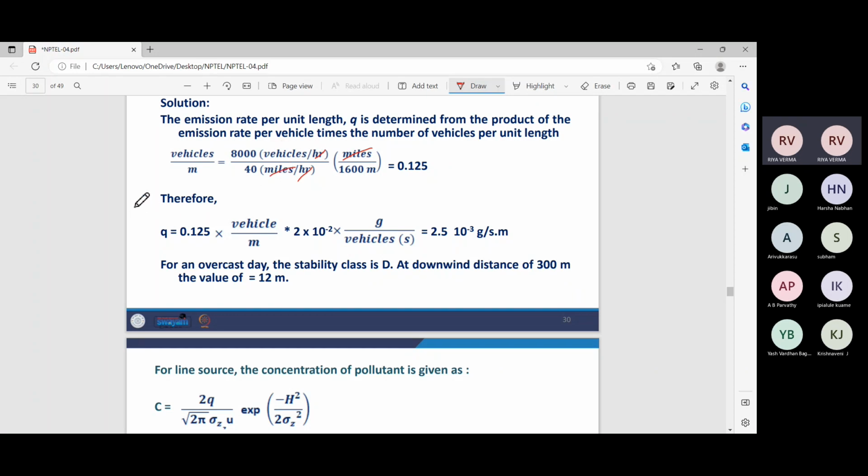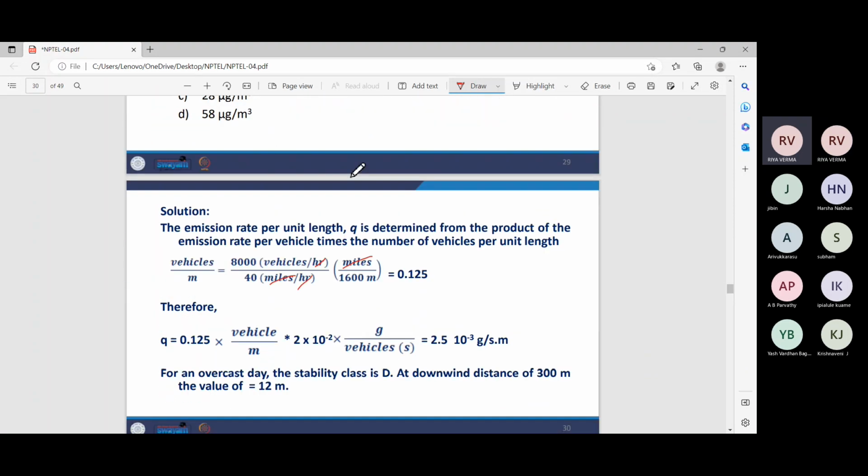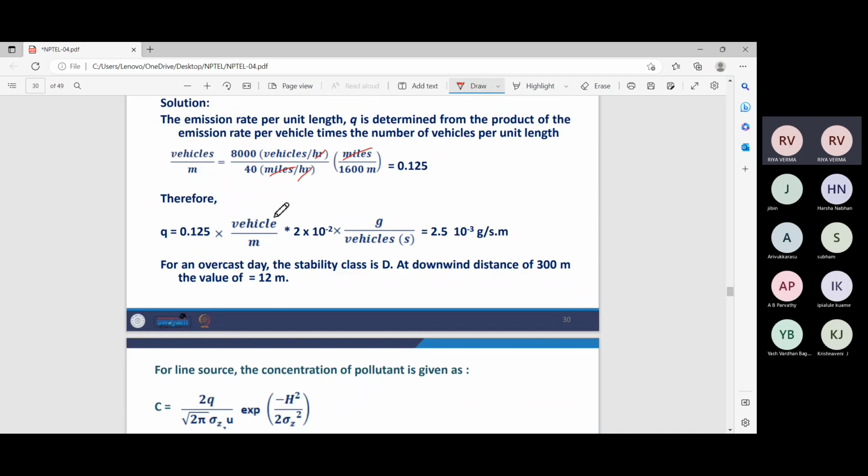Now to find the emission rate, we multiply this 0.125, the number of vehicles per meter, by the emission rate of one average vehicle, that is 2 × 10 to the power minus 2. So this is your emission rate per meter of length, in grams per second.